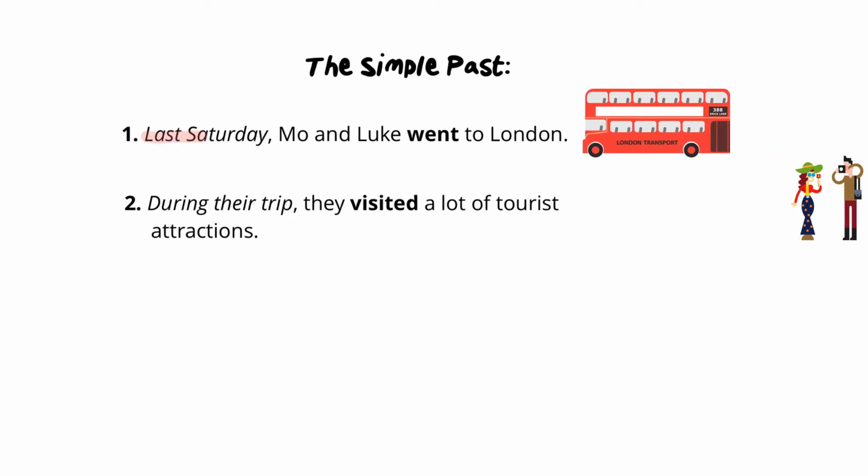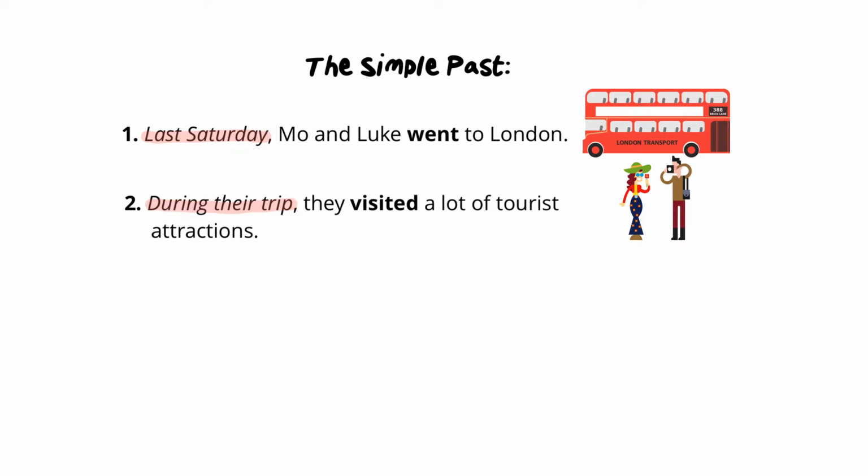Here, last Saturday marks a specific point in the past, namely last Saturday, when Mo and Luke went to London. Let's move on to the second sentence. During their trip, they visited a lot of tourist attractions.